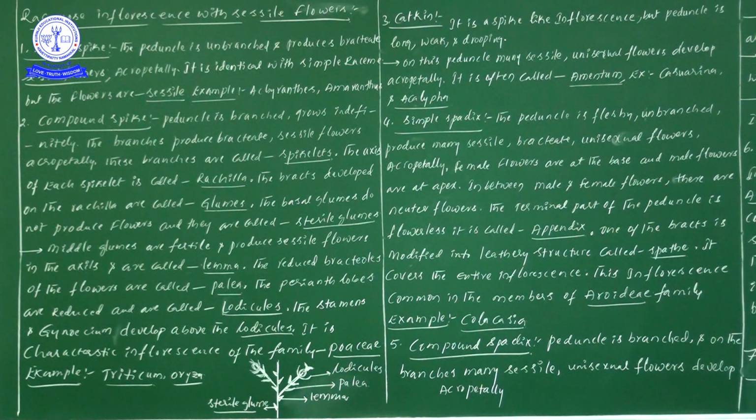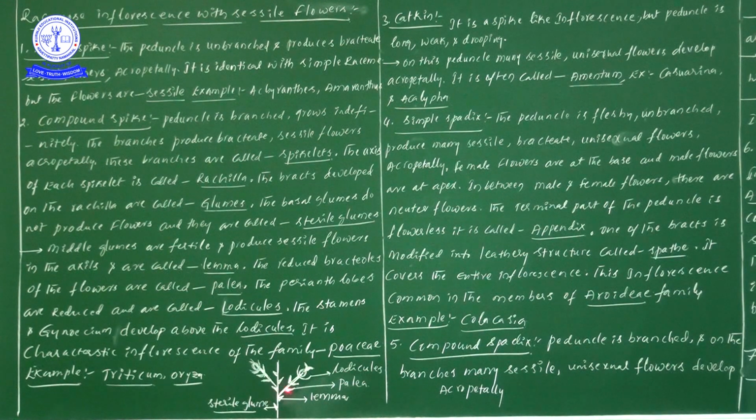Why have we given two names? This particular glume does not produce any kind of flowers, because it is sterile, so we term this bract a sterile glume. But the same leaf-like structure we call a lemma because in its axil we see the presence of a flower. That's why we have given it another name.